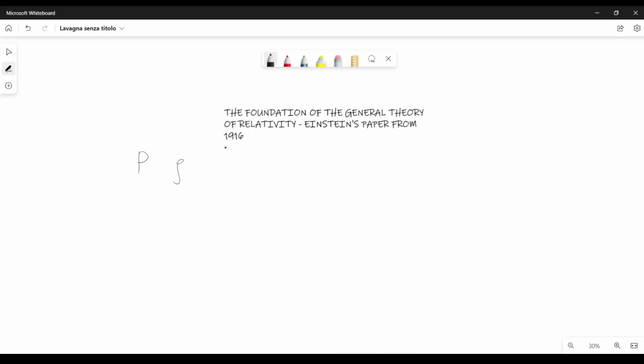Let's define the contravariant symmetrical tensor T alpha beta like this: minus G alpha beta times P, the pressure, plus rho c squared plus P times derivative x alpha with respect to ds, derivative x beta with respect to ds.